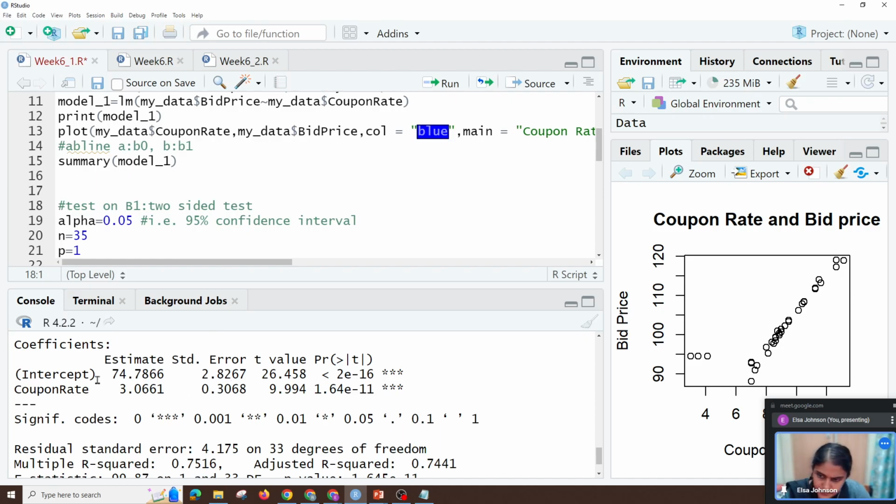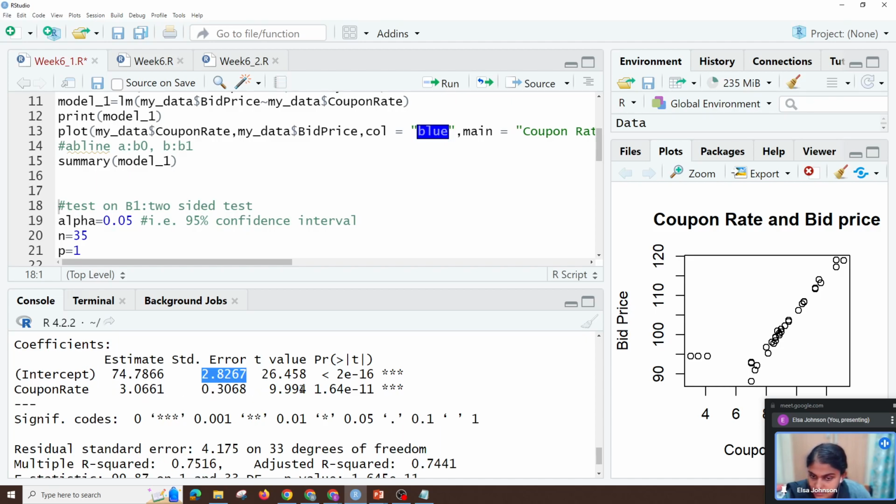So these two coefficients are there. The estimated values are 74.78 and 3.0661. The standard error of this one is 2.8, so it means this value plus or minus this value will be coming. The variation in the intercept and the variation in the coupon rate is given.